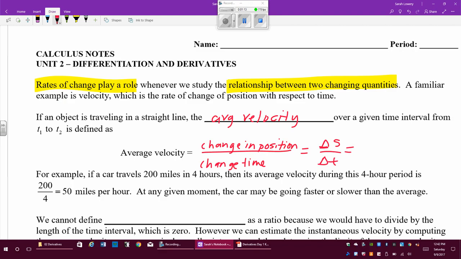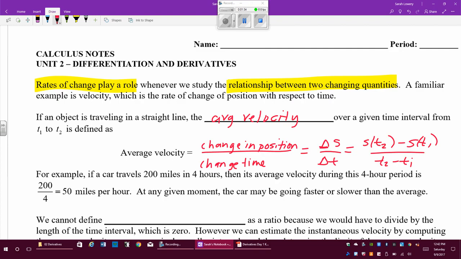Now, if S is a function, we're basically going to use our slope formula, and we're going to find S of T2 minus S of T1 over T2 minus T1, okay? So this is our basic way of finding average velocity, average rate of change, slope of the secant line.